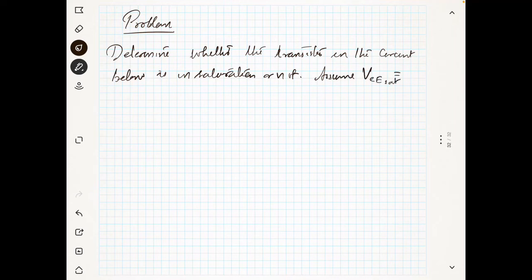Assume VCE at saturation is equal to 0.2 volt.